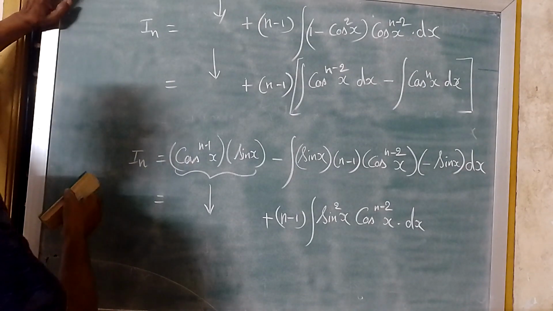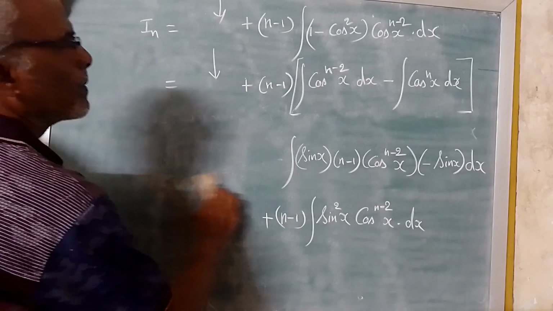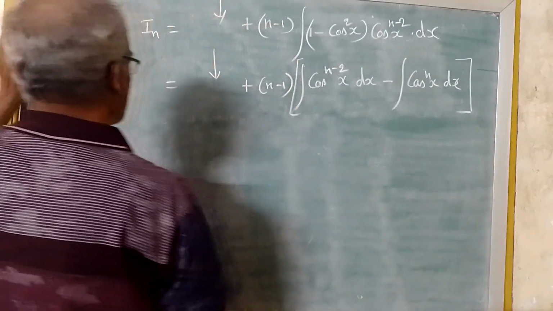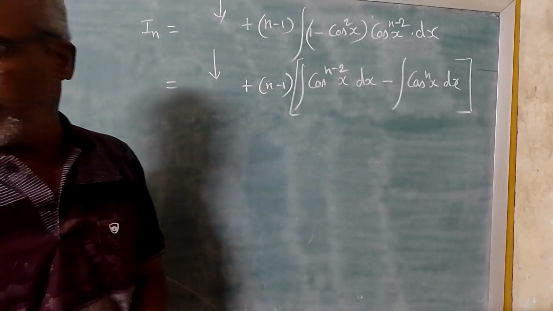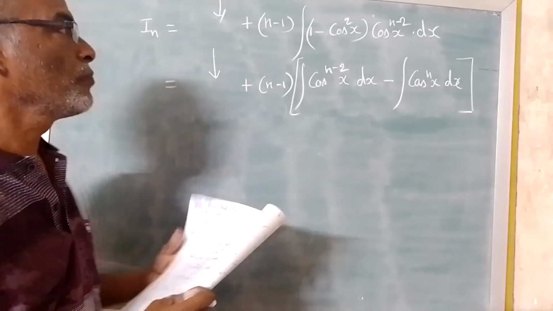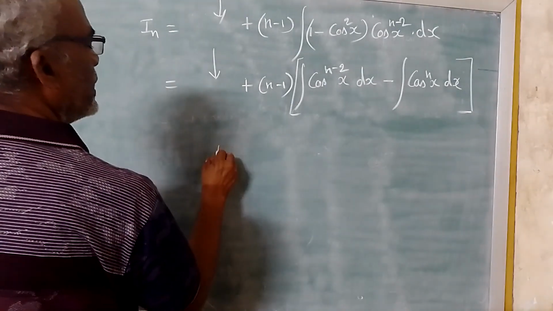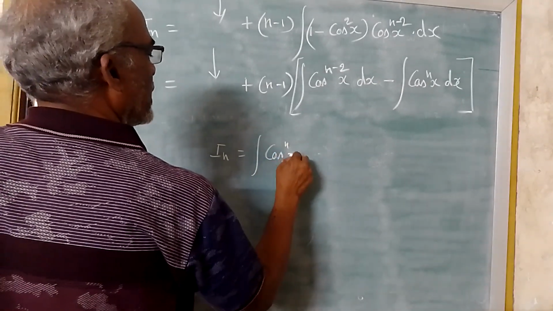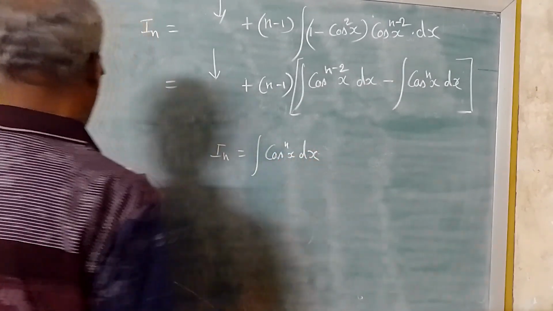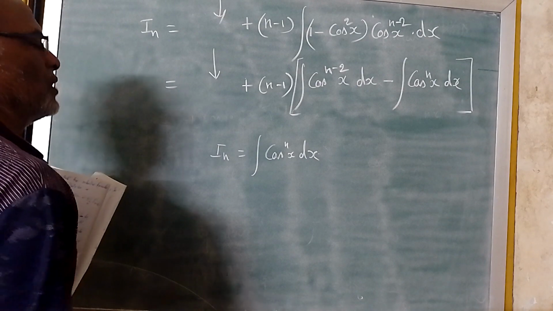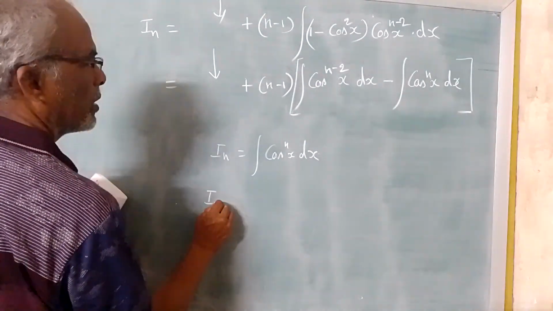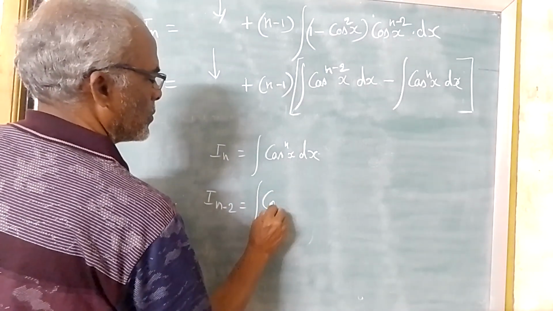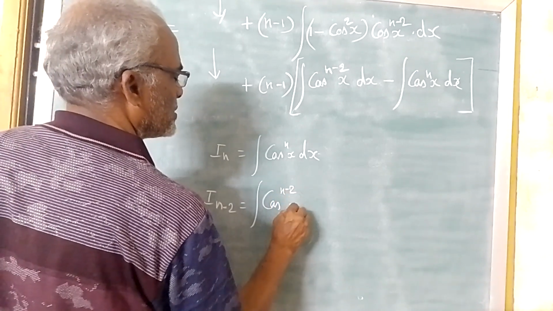The next step will be, see, in the beginning we have written I_n is equal to integral cos^n x into dx. Therefore, I_(n-2) will become integral cos^(n-2)x into dx.